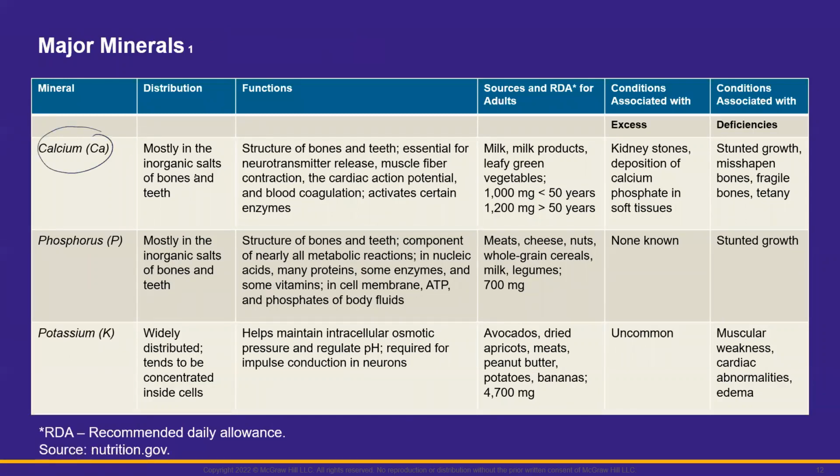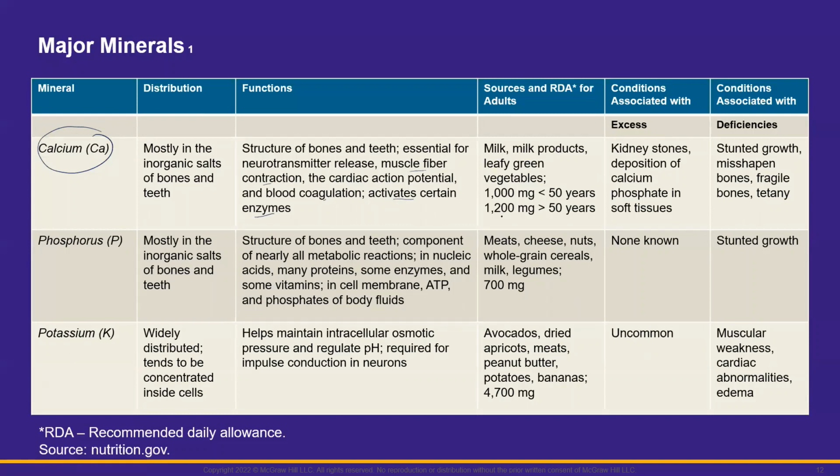Calcium, mostly in the inorganic salt of bones and teeth. Function is structure of bone and teeth, essential for neurotransmitter release, muscle fiber contraction, the cardiac action potential, and blood coagulation, activates certain enzymes. Source: milk, milk products, leafy green vegetables.